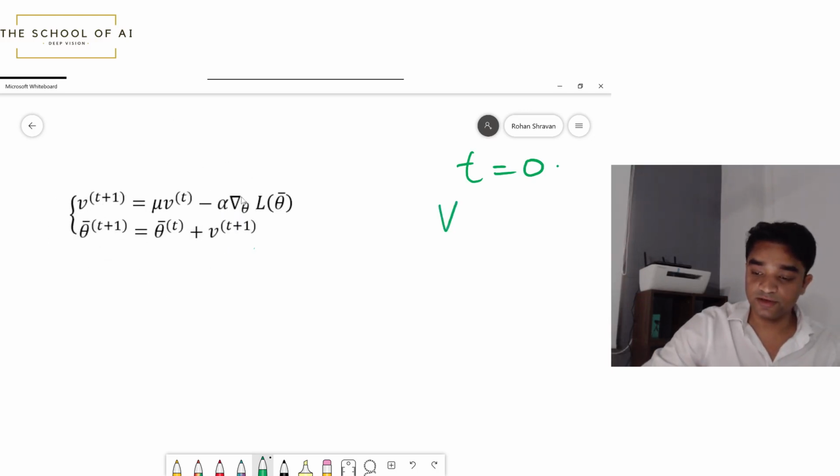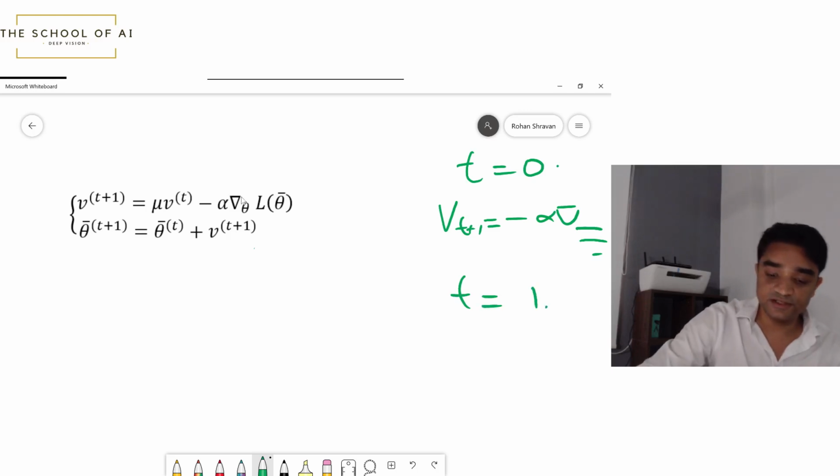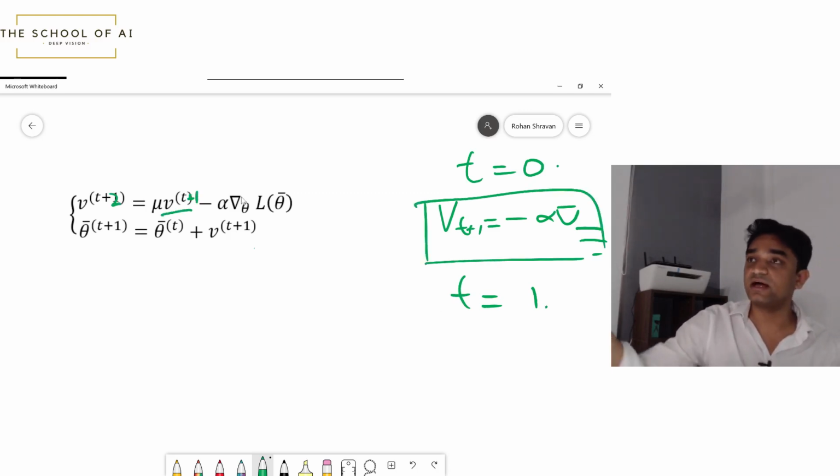So our Vt at that time was, I'm writing t, not t plus 1. This is t plus 1, let's say, to keep it easy, and the rest of the stuff which I have. Now let's say our t is equal to 1, which means this is t equal to 2, and this is t plus 1. This t plus 1 is the last direction I had gone in.